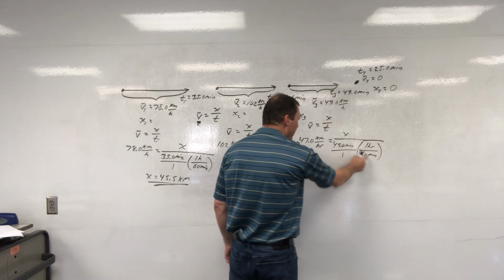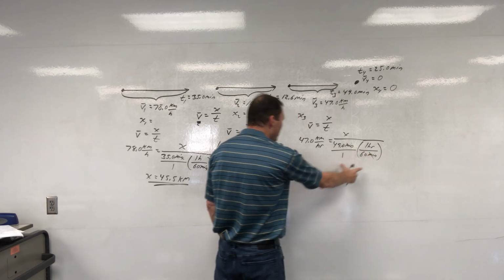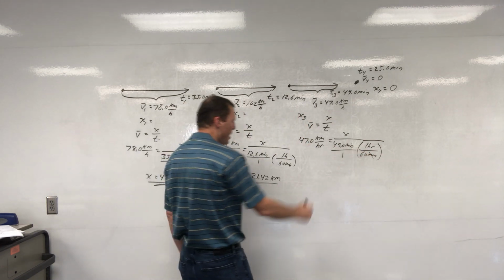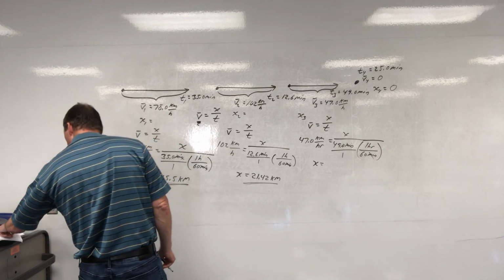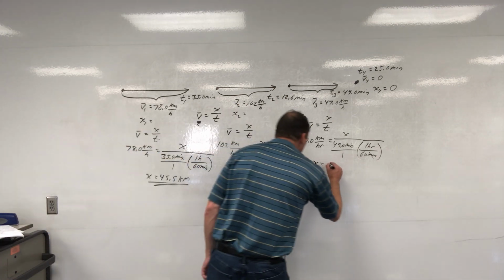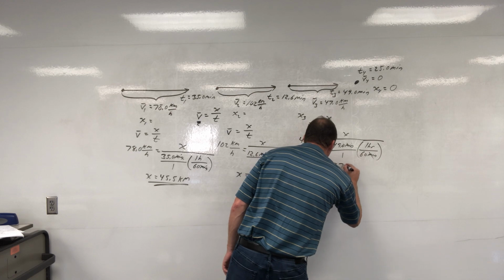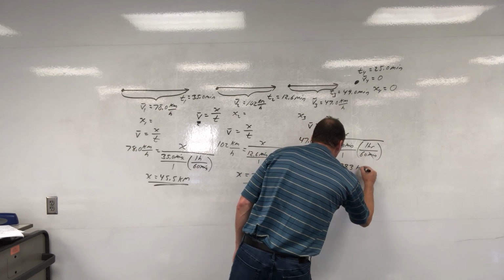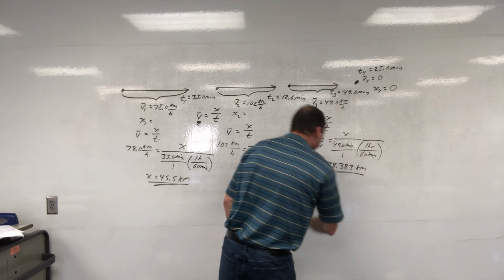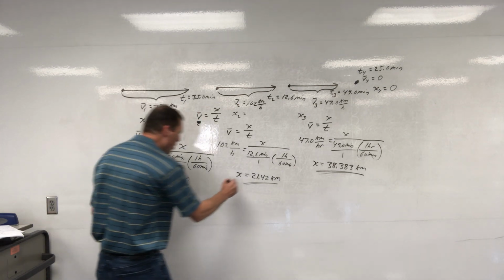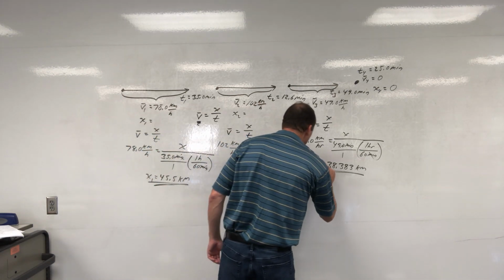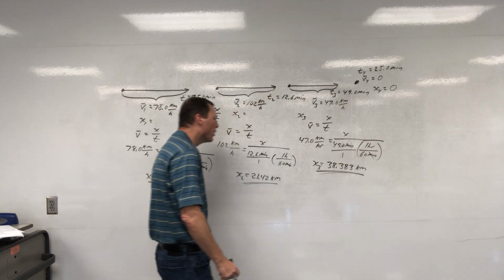I take 49 divided by 60, get a number, multiply that by 47, and I end up with a displacement of 38.383 kilometers. So there we go. This would obviously be x sub 1, x sub 2, x sub 3, x sub 4.